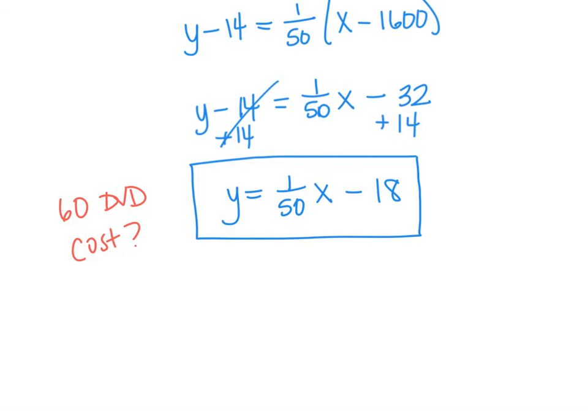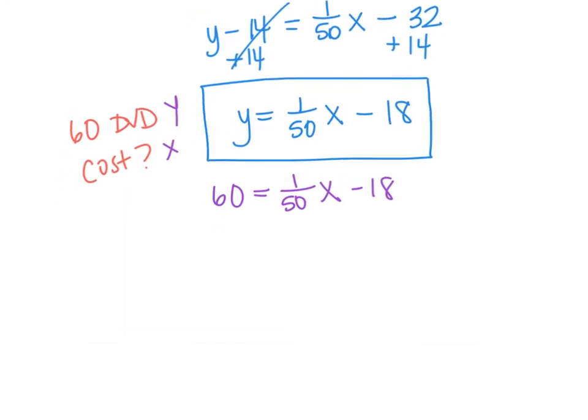Remember, the DVD players, that's represented by our Y values, and the cost is the X. So it's helpful, that's why we define our variables in the beginning. So when you have your equation and then they ask you questions, we can say, oh yeah, we said the Y's were the DVDs. So that tells us that we put 60 in for the Y. And we have to solve for that cost, that X.